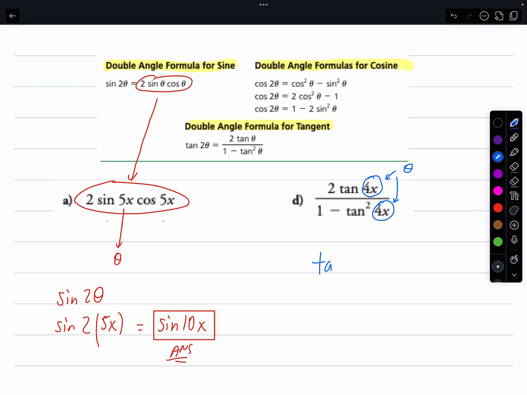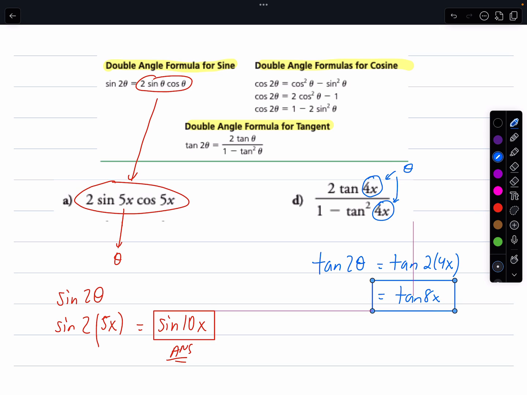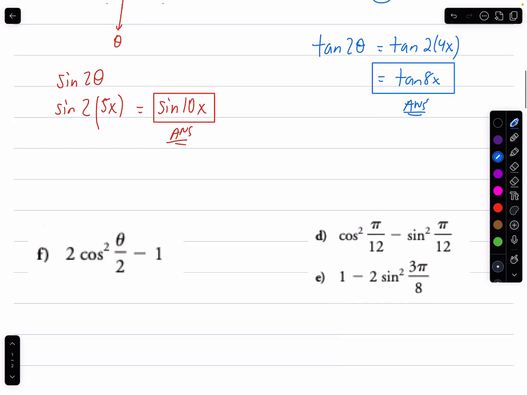So it's going to be tan 2 theta, which is tan 2 times 4x, and we end up with tan 8x as our answer. This is pretty straightforward. We're just figuring out which formula we're using, and from the formula, finding theta by looking at the pattern.